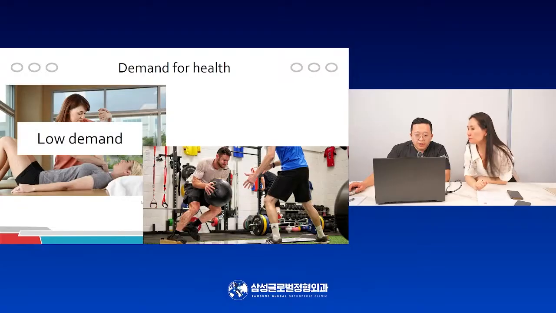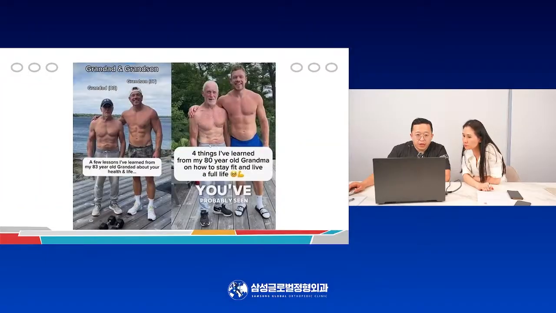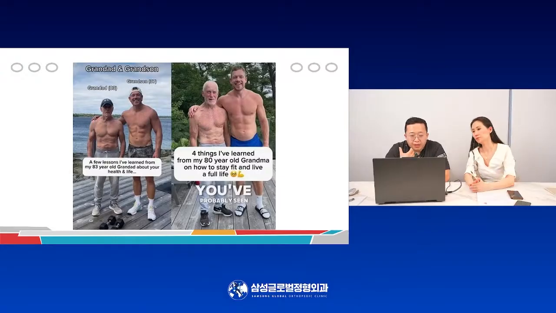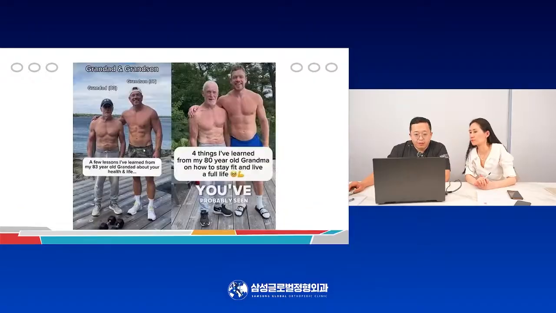As I said, there are two groups: low demand and high demand people in health and sports. But worldwide, many people work out so much more than before, I think. They push themselves much harder than before. So I think the low demand and high demand groups are closer than before.